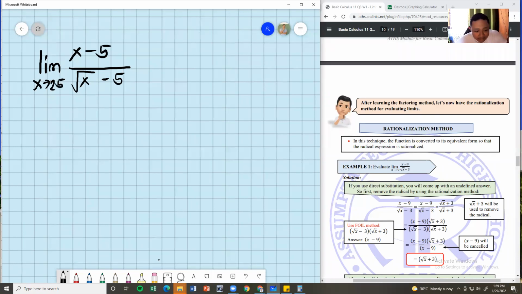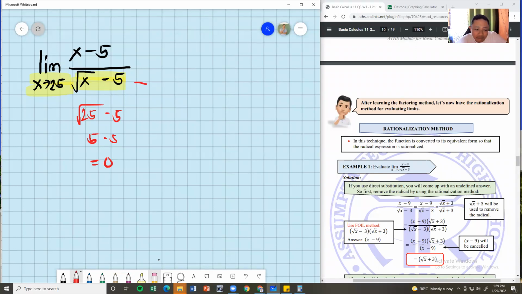Again, we will only do this if the denominator, when you simplify it, becomes 0. Let's just try. Substitute. This will become the square root of 25 minus 5, and that's 5 minus 5, which is equal to 0. Can you follow? So this is undefined again.